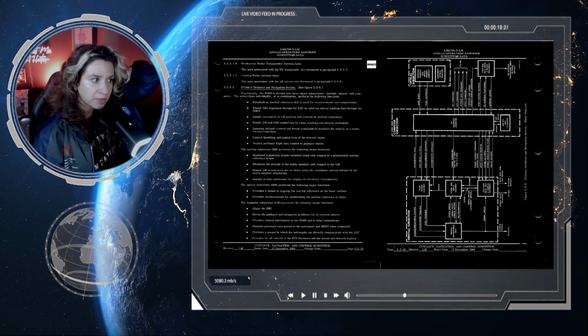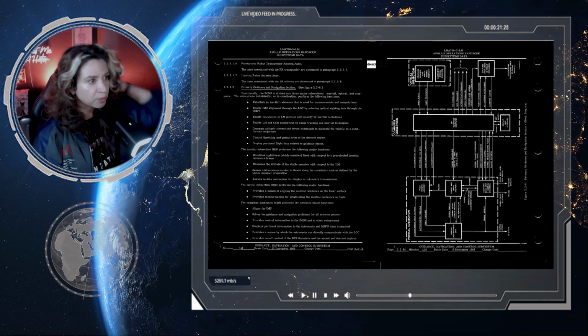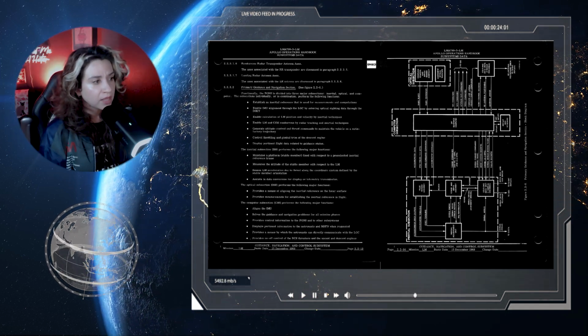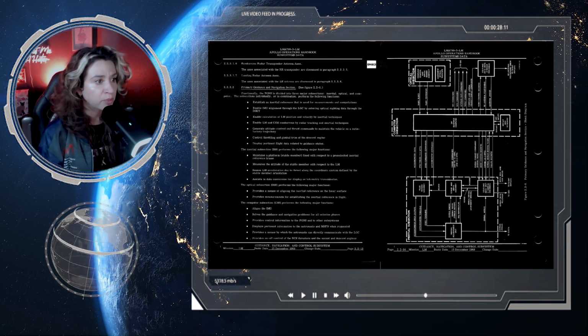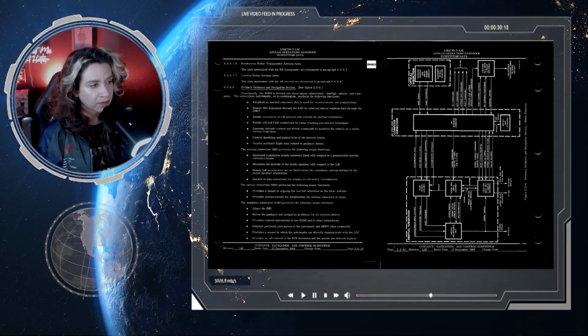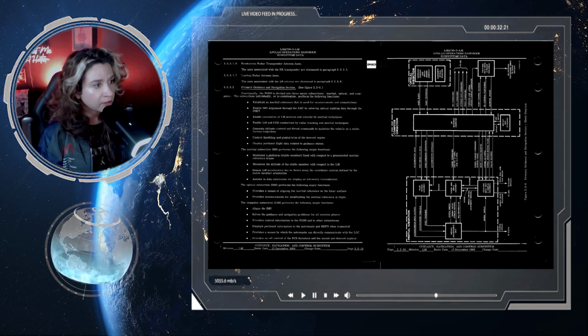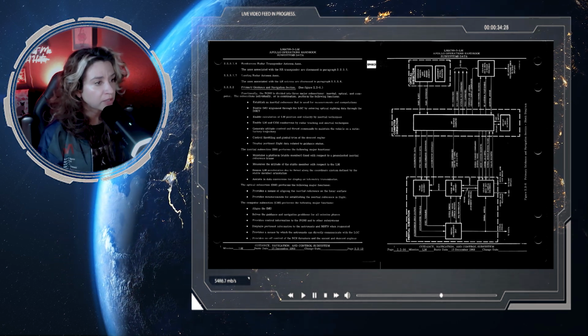The inertial subsection, or the ISS, performs the following major functions. It maintains a platform or a stable member fixed with respect to a preselected inertial reference frame. It measures the attitude of the stable member with respect to the LM.